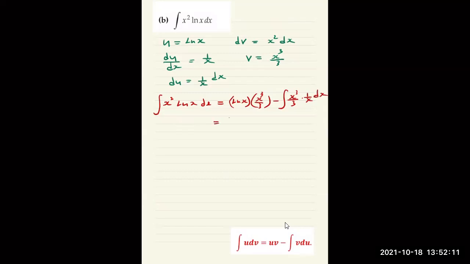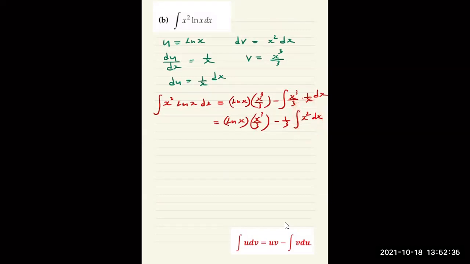If you simplify this a little bit, you will get ln x times x to the power 3 over 3 minus 1/3 times the integration of x squared dx. That's what you have. You can pull out the 1/3. Now you know how to integrate this one.